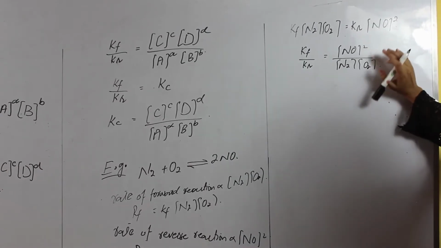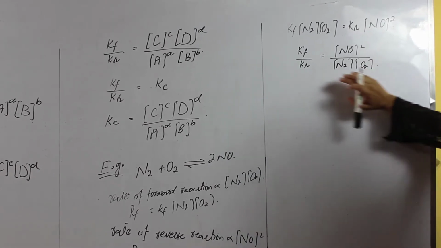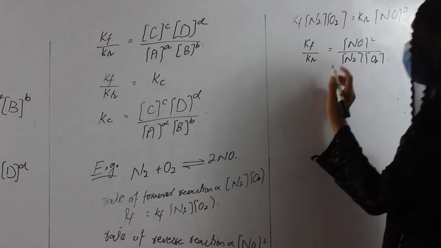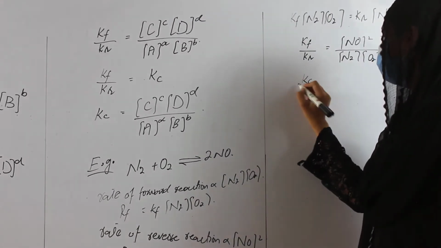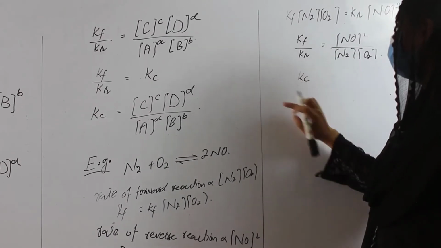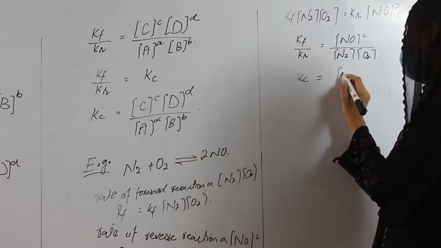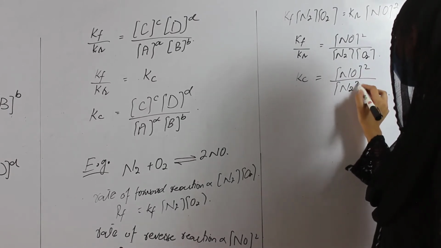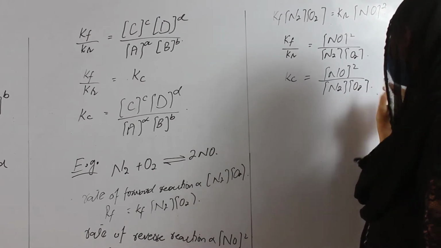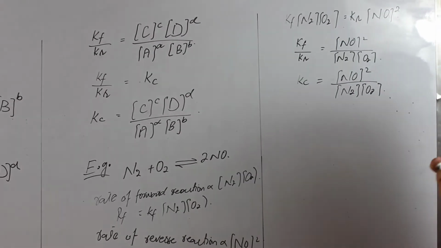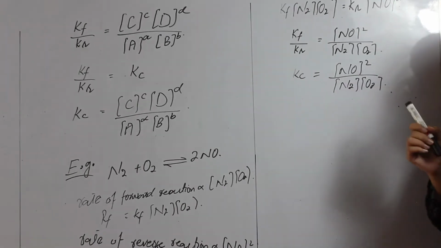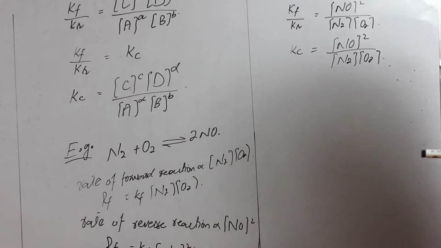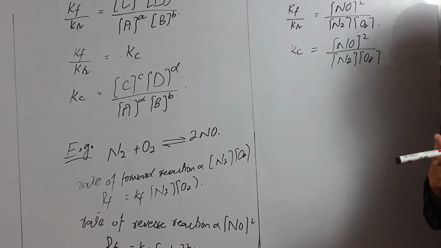By applying the cross exchange method, constants are put on one side of the equal sign and the variables on the second side, and in place of the constants of the forward and the reverse reactions we take a new constant, the equilibrium constant. That is the general expression for nitrogen and oxygen gas. Means in this case we are taking a reaction in which nitrogen reacts with oxygen gas and forms nitrogen oxide gas.